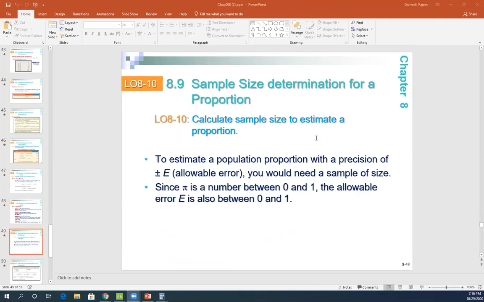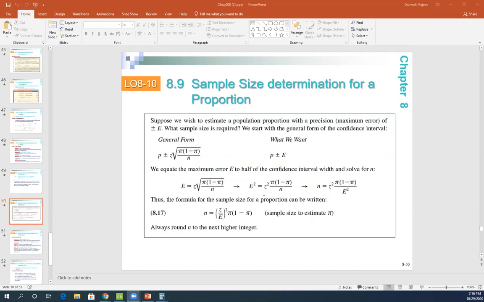And here we have: to estimate a population proportion with a precision of e, you would need a sample of size n, since pi is a number between 0 and 1. So normally we do 50-50 in this case.